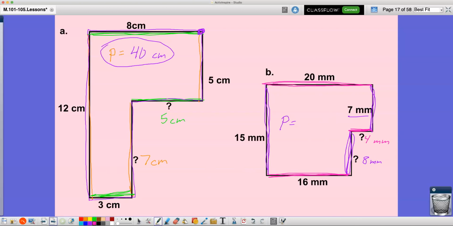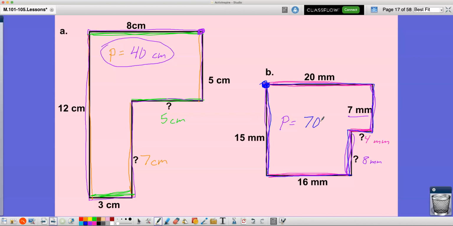Now I just start in one position and I work my way around. If I was going to start right here and work my way around, this is 20, plus 7 is 27, plus 4 is 31, plus 8 is 39, plus 16 is, let's see, 39 plus 10 is 46, plus 9 is 15, so that'd be 55, and 55 plus 15 would be 70.